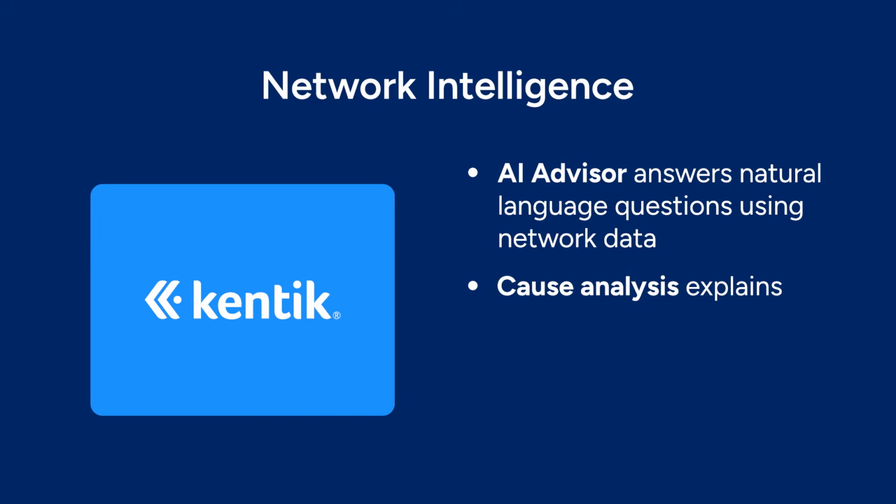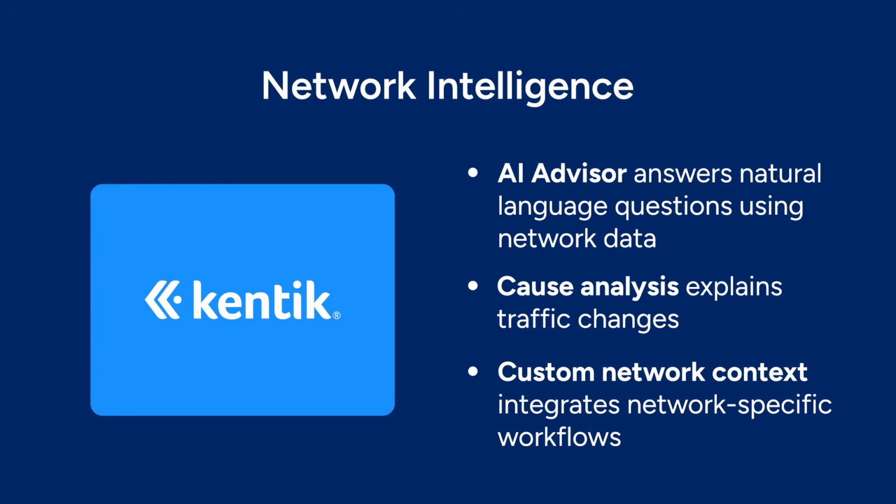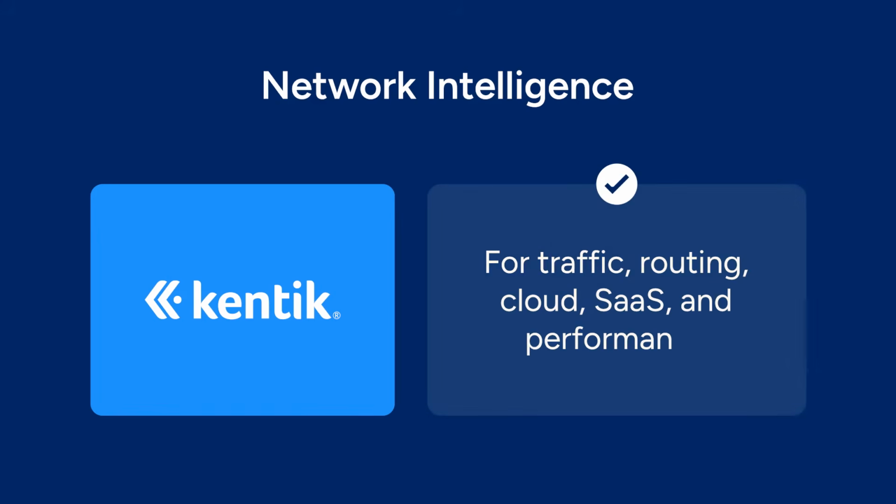Cause analysis automatically explains traffic spikes and drops by surfacing exactly what changed. And custom network context plus runbooks lets teams encode their own architecture and troubleshooting workflows directly into the platform. Kentik is the strongest fit when your toughest networking problems involve traffic, routing, cloud paths, SaaS dependencies, or internet performance.